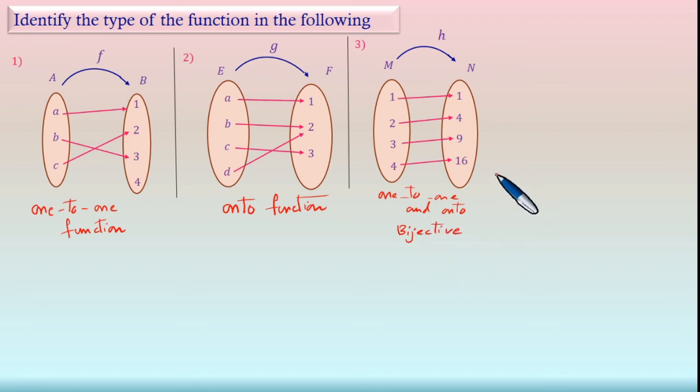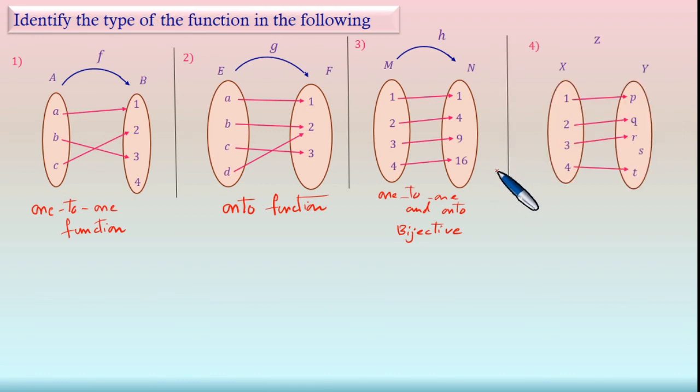Let me see one more example. Example 4. This is a function z which maps from X to Y. So the elements of the codomain of this function are p, q, r, s and t.